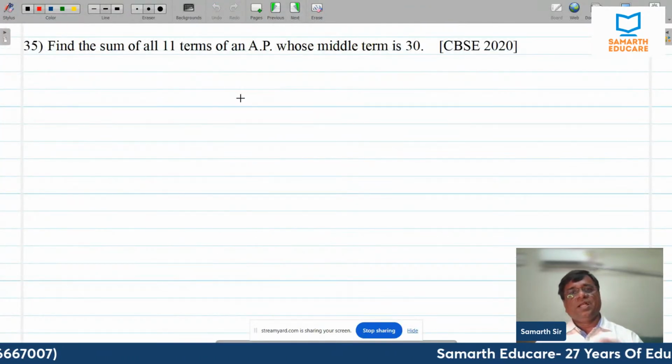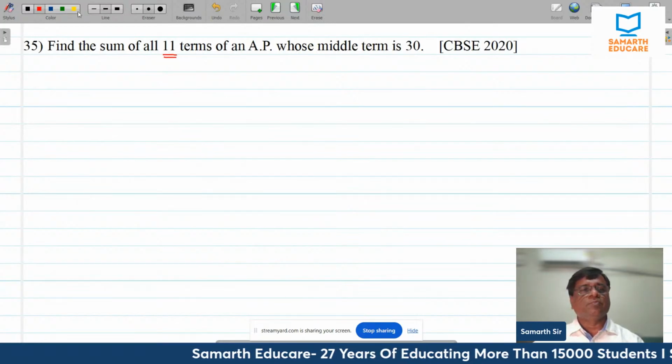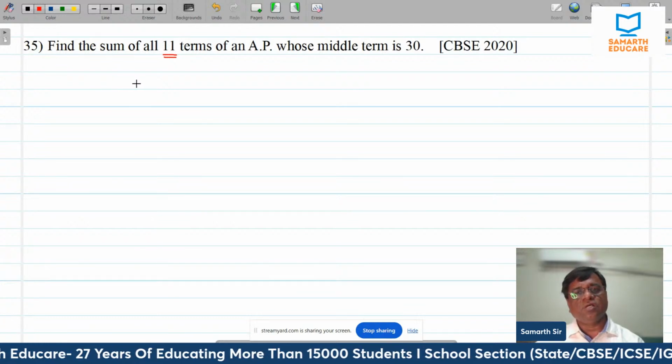Here the middle term is given, but we don't know the middle term. So we have total 11 terms, so the sum of 11 terms is required.